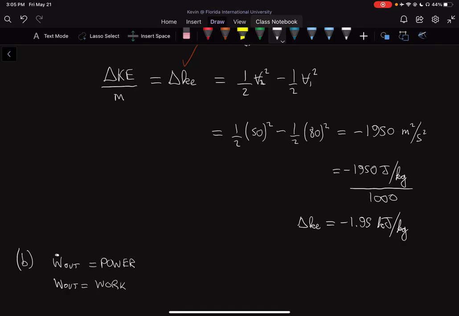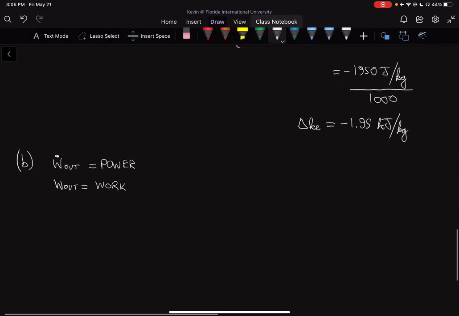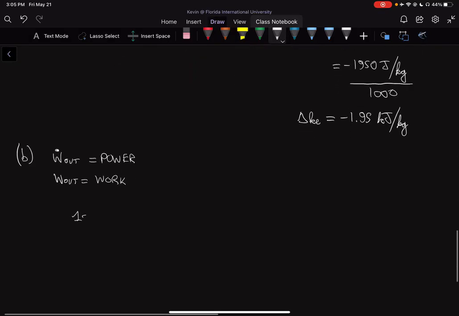So to find the power output, we know we have to use the first law. We're going to use the first law for steady flow and analyze our turbine with it.